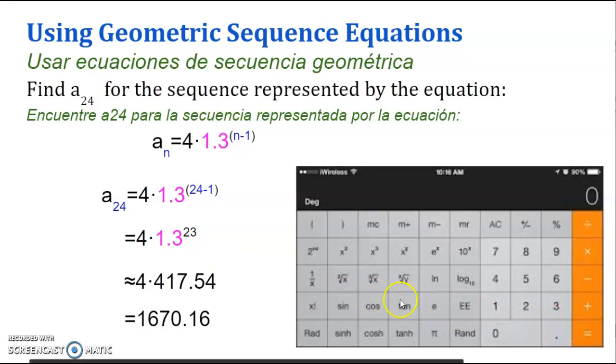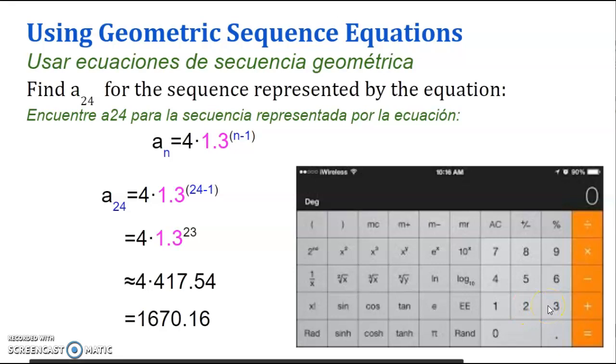How do I do that? If you look at your calculator, and your calculator might be slightly different, you would have something that looks like this: x to the power of y. So we have two different variables, and the operation is exponent. The first number that we just entered, 1.3, is the x value. After you've done 1.3, you click the x to the power of y button, and then you enter the exponent that you want, in this case 23.